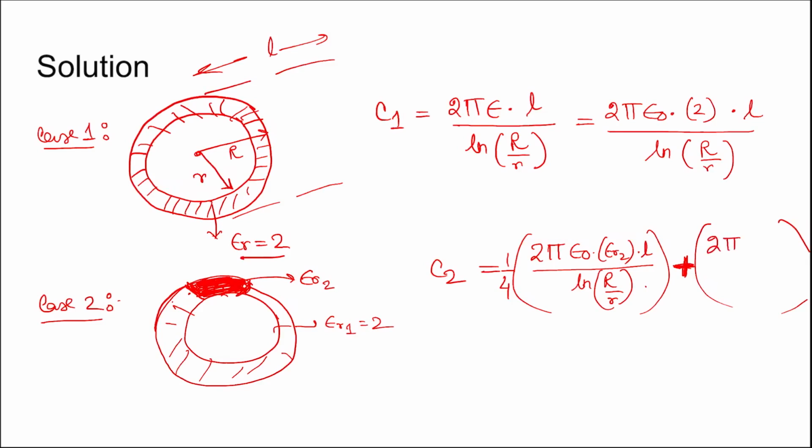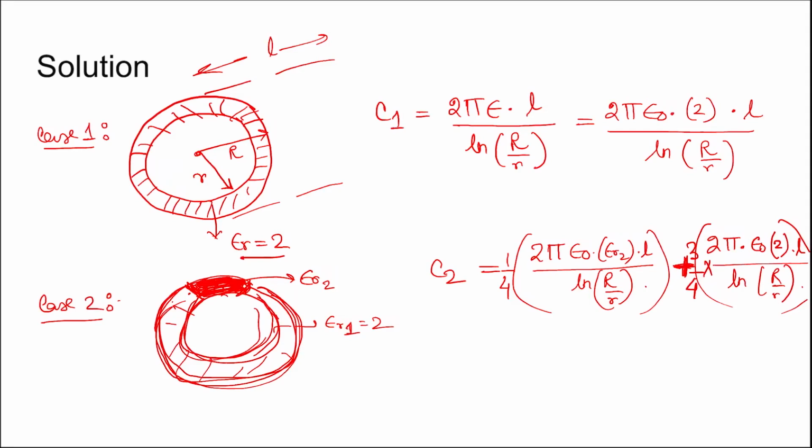Similarly, this other part's capacitance is 3/4, so 2 pi into epsilon naught into relative permittivity 2 times L divided by ln R by r, and since it is 3/4, we multiply with a factor of 3/4. Now this would be the net capacitance of the second case.